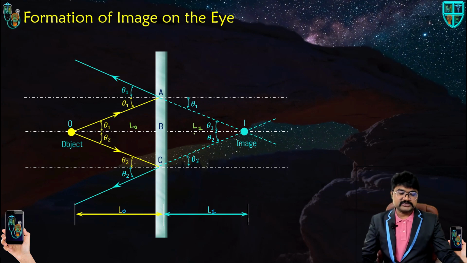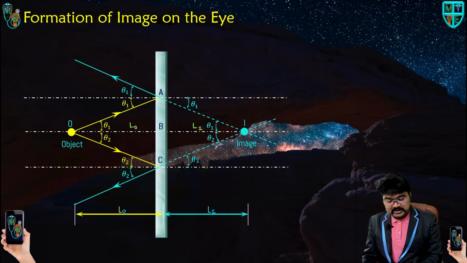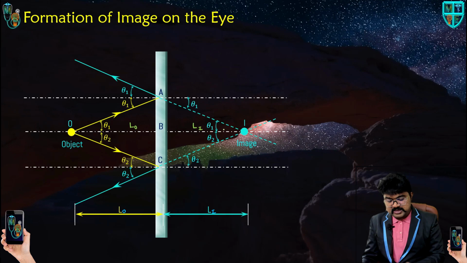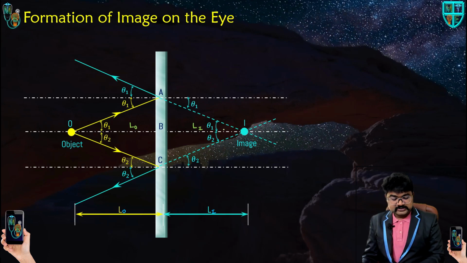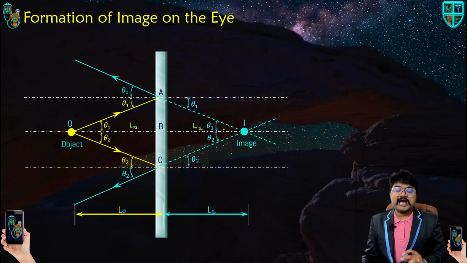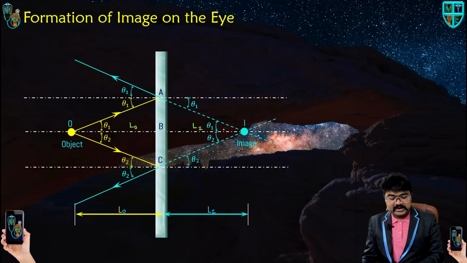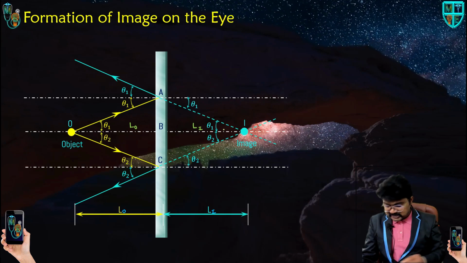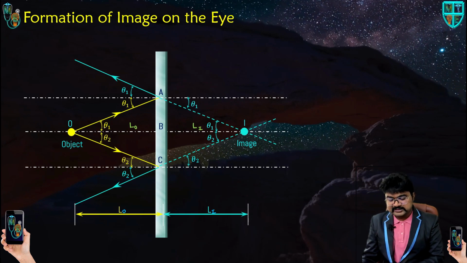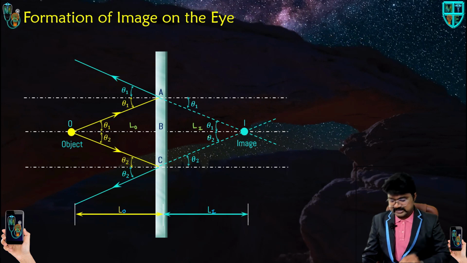So from triangles ABO and ABI, both are similar triangles. If you apply tan theta 1, what will you get? AB by Lo, AB by Li.